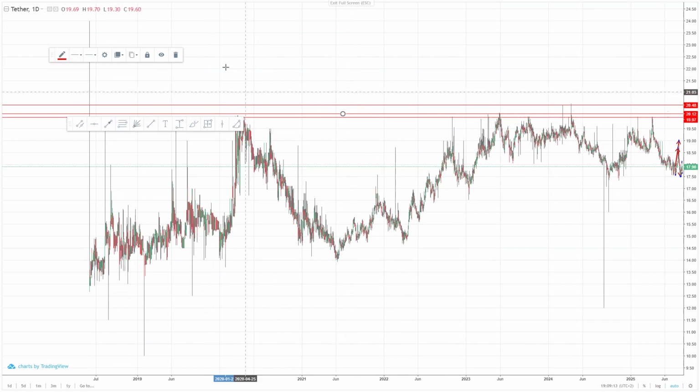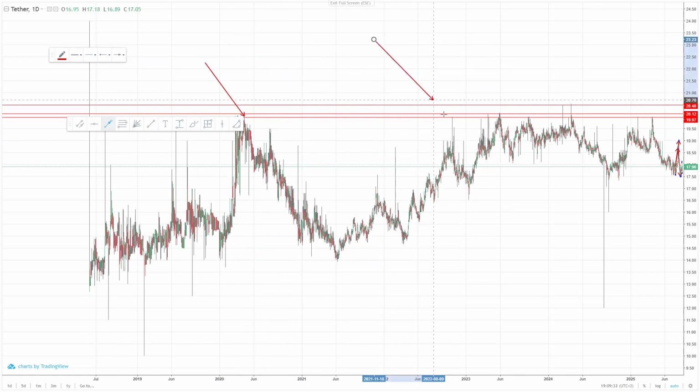This is where the traders have placed their sell orders, because over there it went to that point and it fell. So they believe that when it goes to that point again, it will fall.